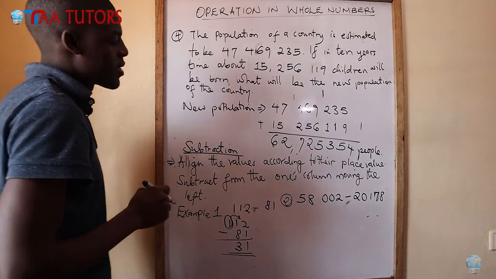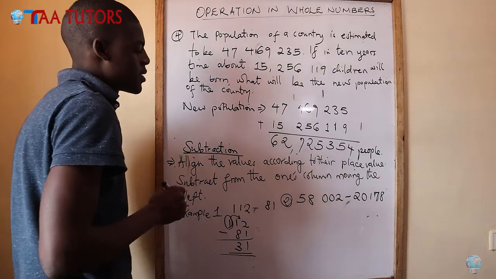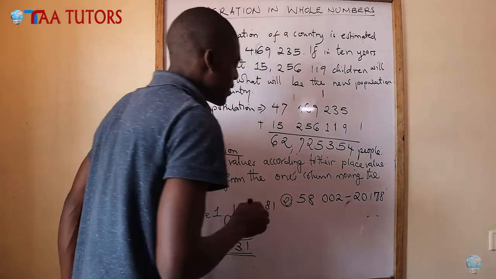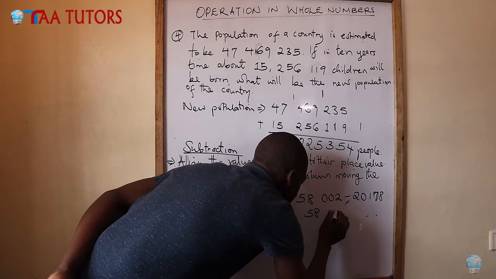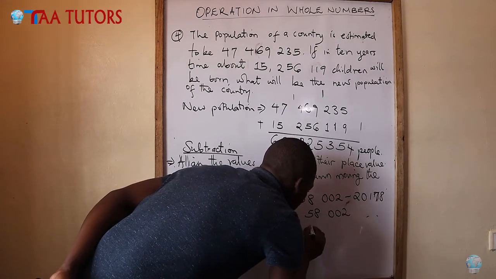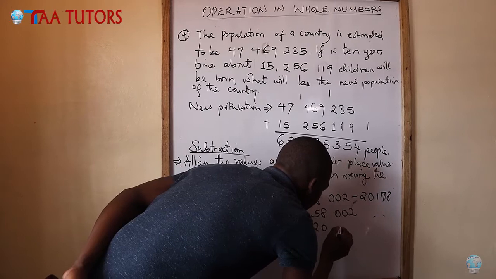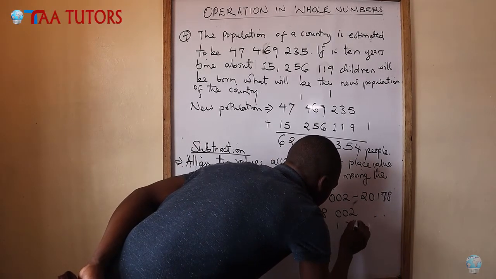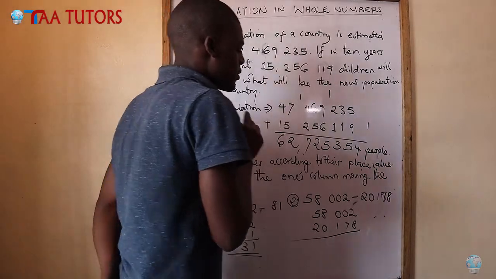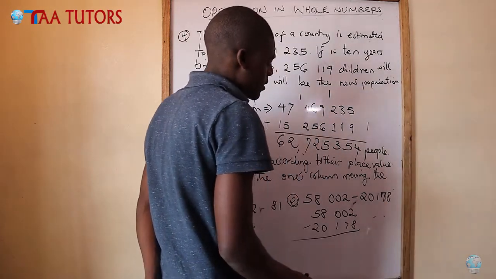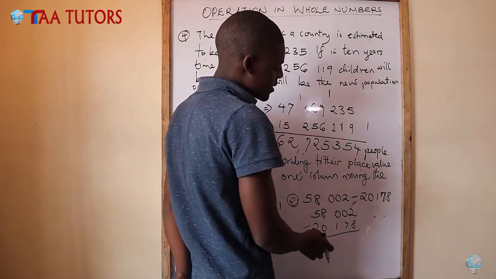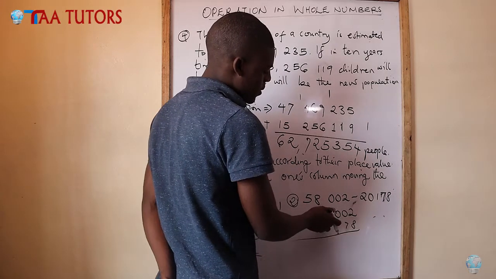That is 58,002 minus 20,178. We go down here, 58,002, then 20,178. 2 minus 8, that's where we start, but 2 is less than 8. So we will borrow from here, but there is 0, there is also 0, so we come to 8.